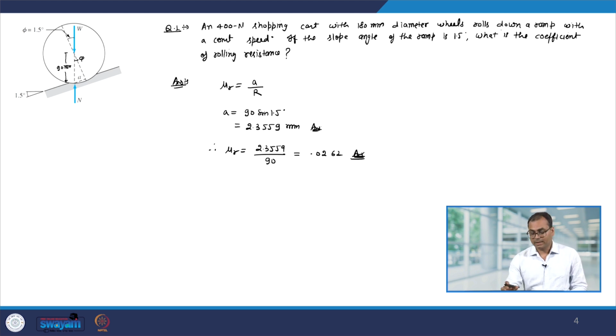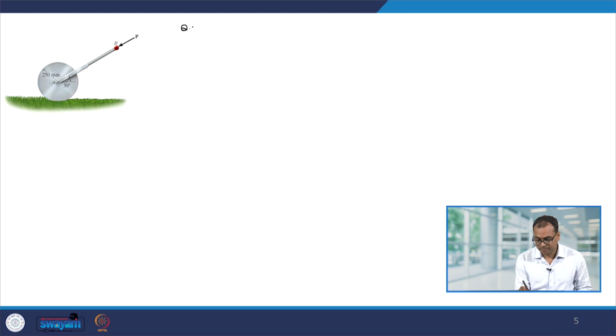Now, let us look at another problem statement. The lawn roller has a mass of 80 kg.